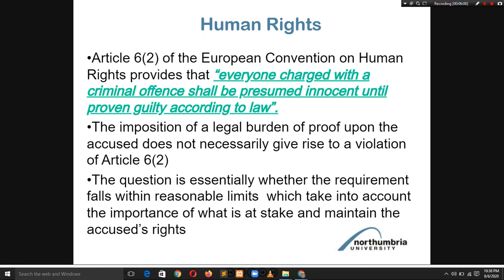The imposition of a legal burden of proof upon the accused does not necessarily give rise to a violation of Article 6.2. The question is essentially whether the requirement falls within reasonable limits which take into account the importance of what is at stake and maintain the accused's rights.